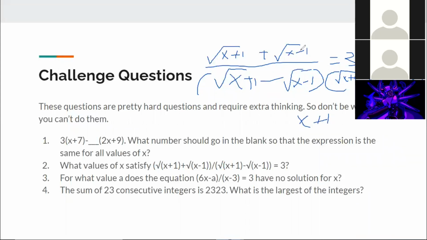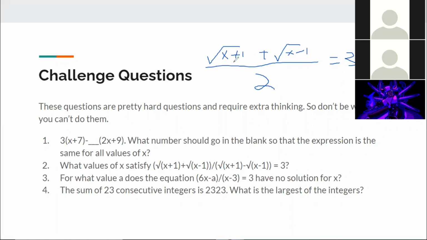Remember how we did x plus y times x minus y is x squared minus y squared. So the denominator is just going to become x plus 1 minus x minus 1, and this is simply just 2. So the denominator becomes 2. And then the numerator, you're basically squaring this because you're multiplying by the same thing.